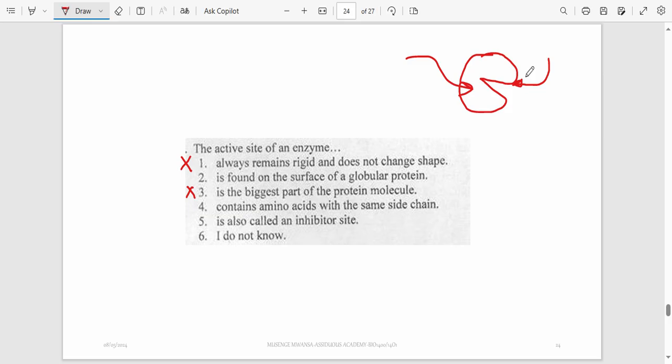The biggest portion is the allosteric site. Contains amino acids with the same side chain. Is that correct? It's made up of different amino acids. So different amino acids have got different side chains. It is also called an inhibitor site. Is that true? So you see what the answer is? Okay, option 2. It's found on the surface of the globular protein.